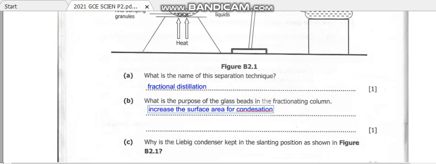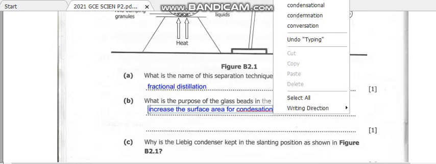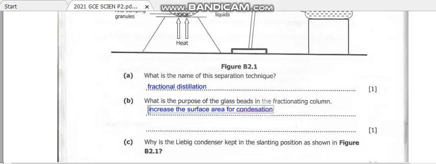We need to understand that this one also is very important. So this one just increases the surface area for condensation, provides a large surface area for the process of condensation.